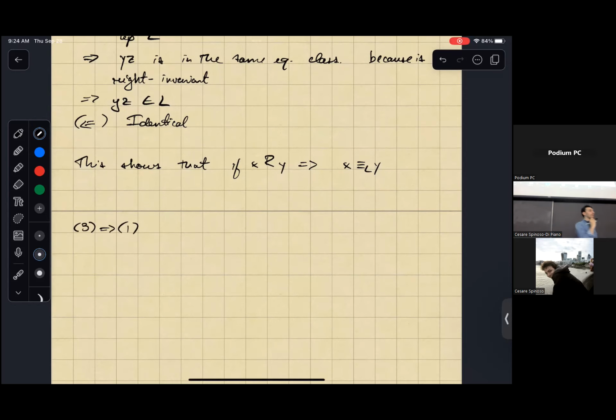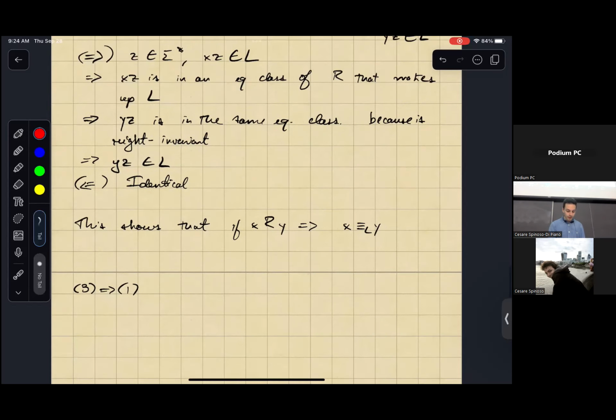Oh, good. So why is YZ in the same equivalence class? Good question. That's the crux of the proof, so I'm glad you're asking. I know that XZ is in an equivalence class of R, right? But I know that R is right invariant, so YZ must also be in the same equivalence class.